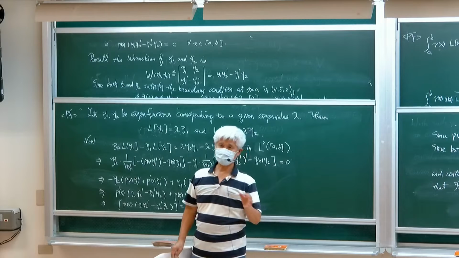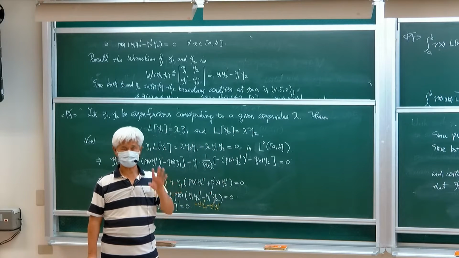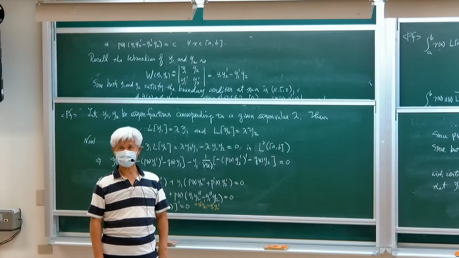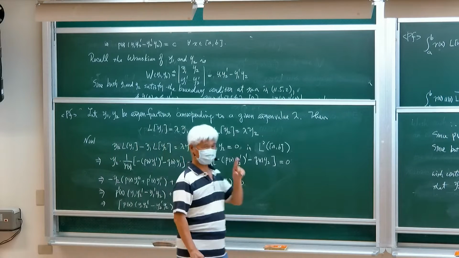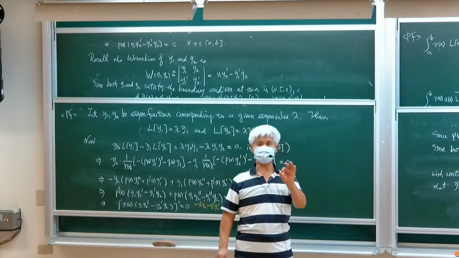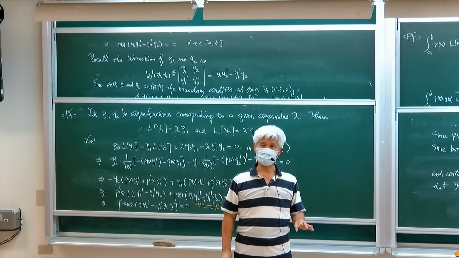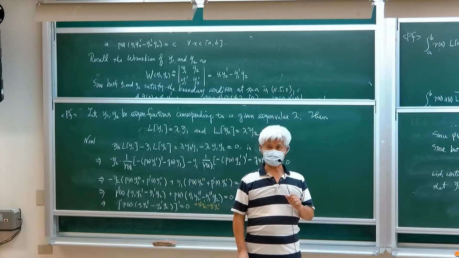And if the Wronskian is non-zero at any point, then these two functions must be linearly independent. Very strong. Also, if there is one point where the Wronskian is zero, then the Wronskian will be zero for all points. It is very strong, in the theory of ordinary differential equations.